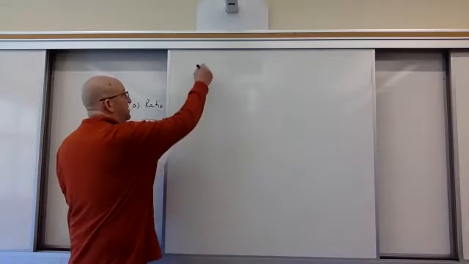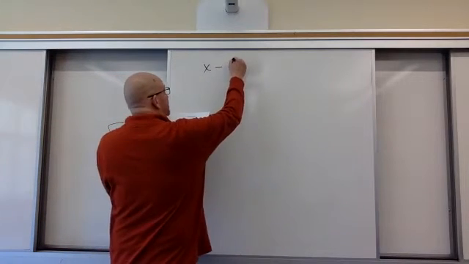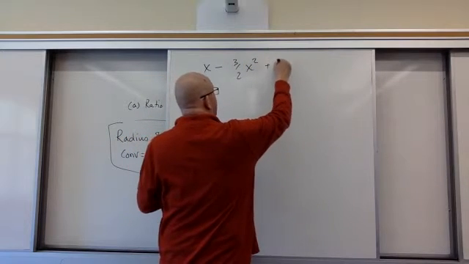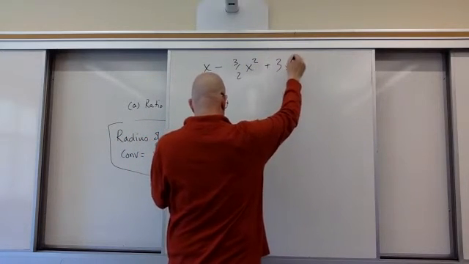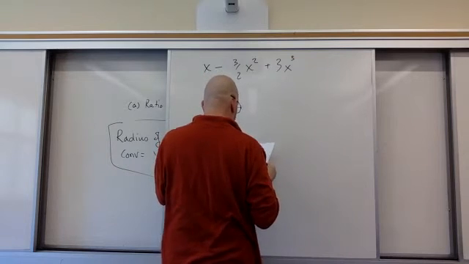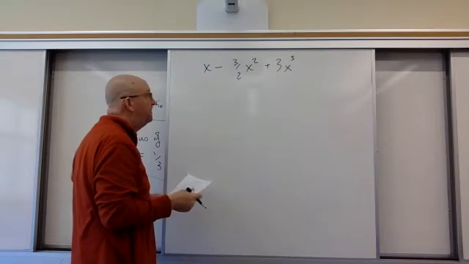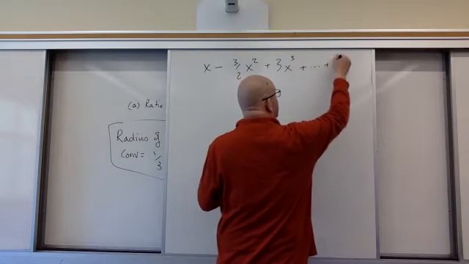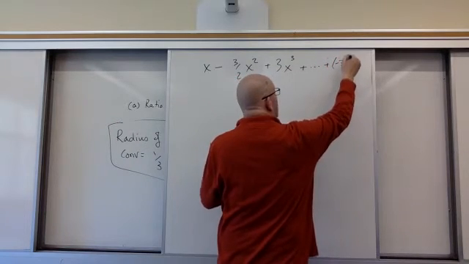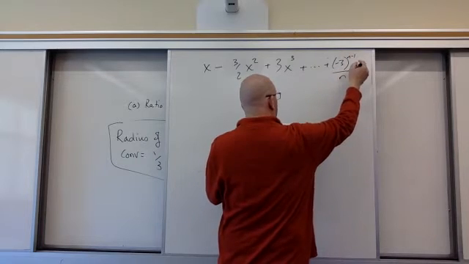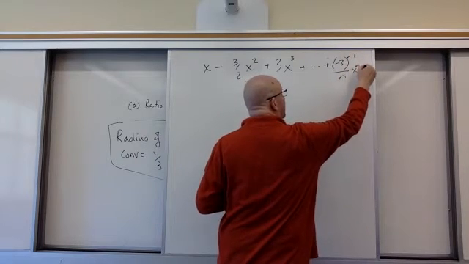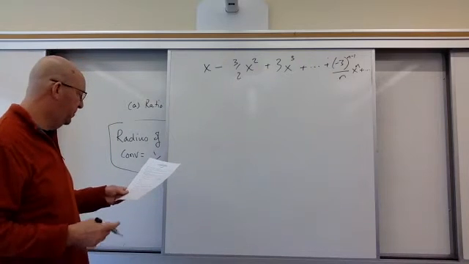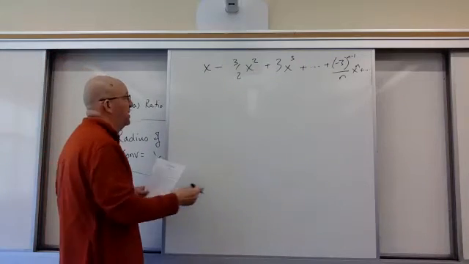Our series was x minus 3/2 x squared plus 3x cubed, plus dot dot dot plus negative 3 to the n minus 1 over n x to the n. Now let's take some derivatives. It says write f prime, the first 4 non-zero terms.